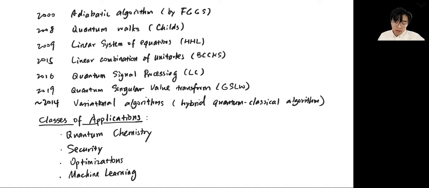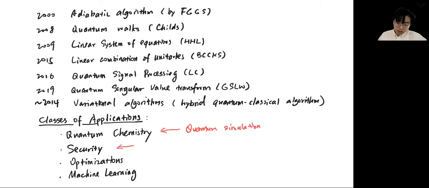And here's just a list of some of the examples of those algorithms developed in recent years. And in fact, we can categorize classes of applications that quantum computers are very good at solving. Quantum chemistry, for example, was generalized from the quantum simulation idea.